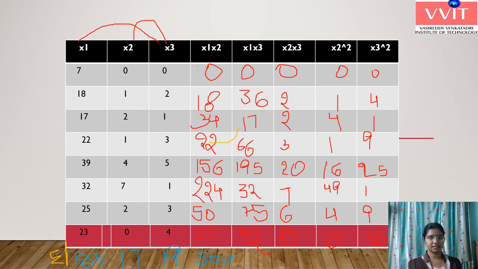And sigma x1 x3 is 36 plus 17 plus 66 plus 195 plus 32 plus 75 plus 92. It is 513. And sigma x2 x3 is 40.